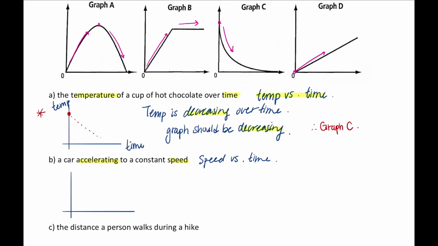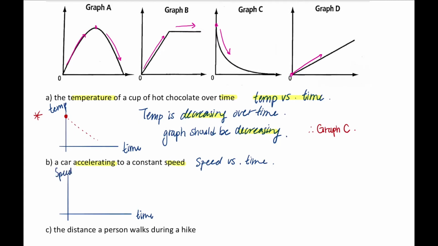Because we know the title of this situation, we can put the time on the x-axis and speed on the y-axis. I also know that a car is accelerating, which means speed is increasing. And then secondly, it says to a constant speed, so speed is not changing.